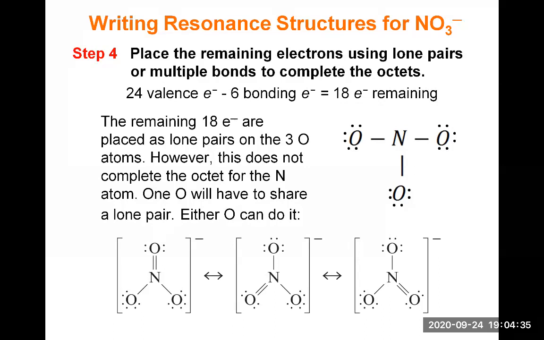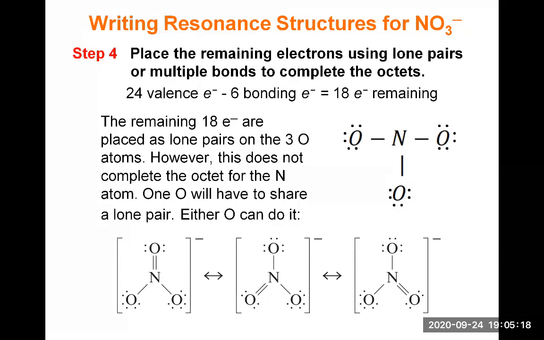So that means you will need to write 3 resonance structures for NO3 -1, the nitrate ion, because the oxygen that shares can be, for example, on the bottom schematic here, the top oxygen that shares and then has the double bond with nitrogen, or the oxygen from the bottom left corner, or the oxygen from the bottom right corner. So you see how the double bond changes from one oxygen to the other. The rest is otherwise the same.